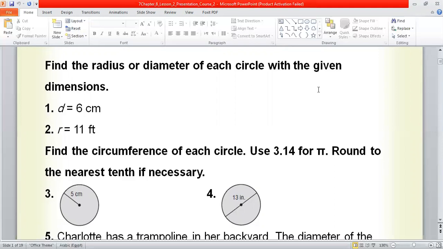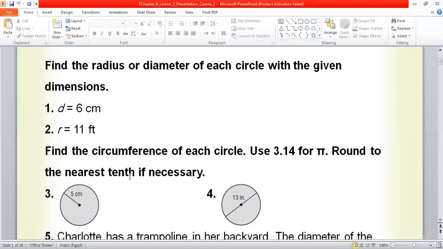So if you calculate 2 pi r on the calculator, what will you do? We know that pi is equal to 3.14, as he said.